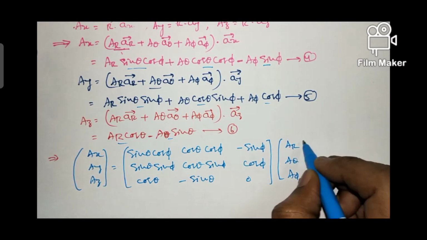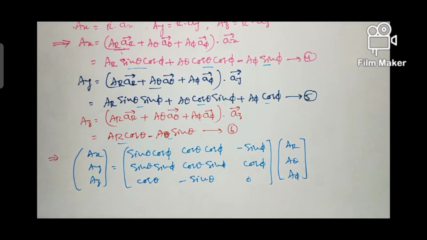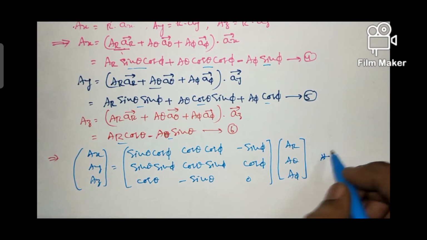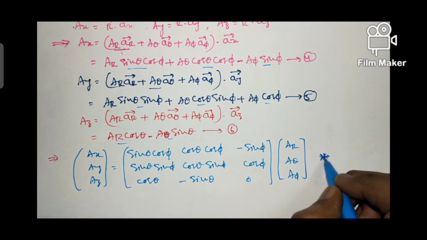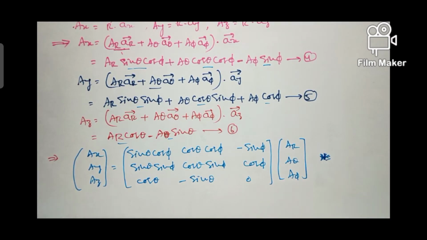It means that once we have the coordinates a_r, a_theta, a_phi, using these equations we get the rectangular coordinates a_x, a_y, and a_z.